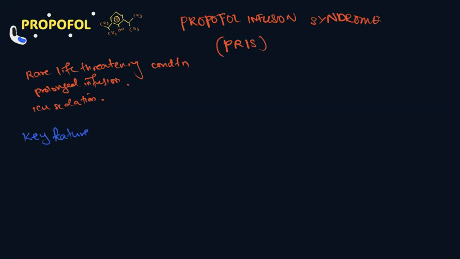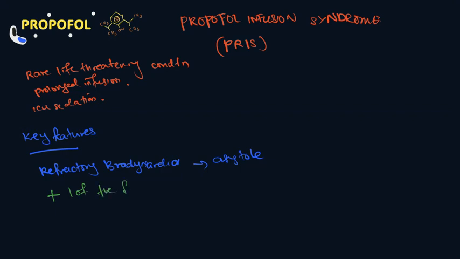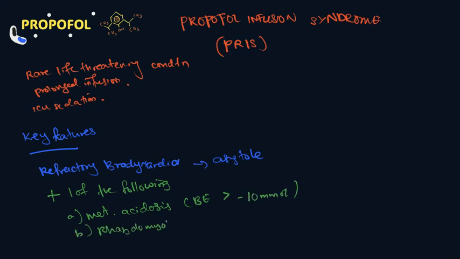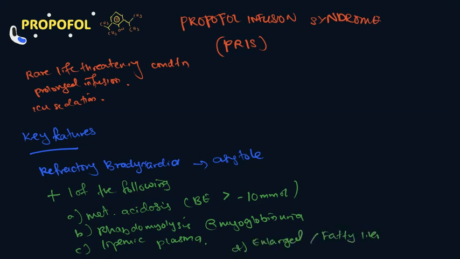Key features seen in Propofol-Related Infusion Syndrome include refractory bradycardia that may lead to asystole, and one of the following features: metabolic acidosis with base excess of more than negative 10 millimole, rhabdomyolysis or myoglobinuria, lipemic plasma or milky presentation of plasma, and or enlarged fatty liver.